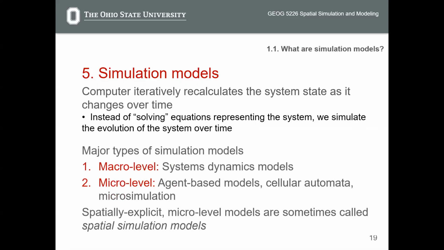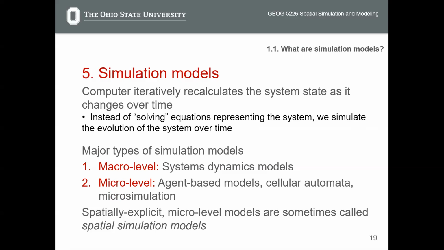And there are two major types of simulation models. The first type is called macro level. Usually, if a simulation model is at macro level, it's called a systems dynamics model. At macro level, we only care about different groups of stakeholders in this system.